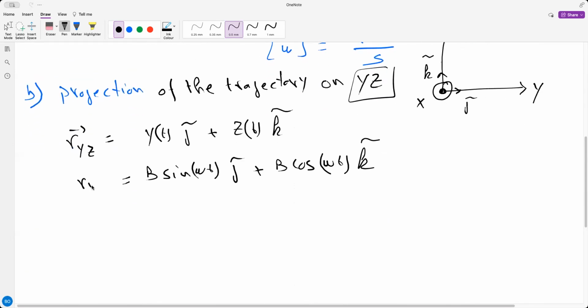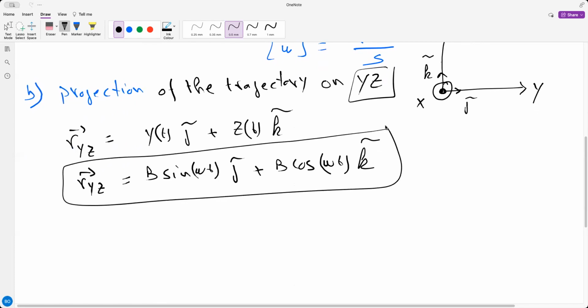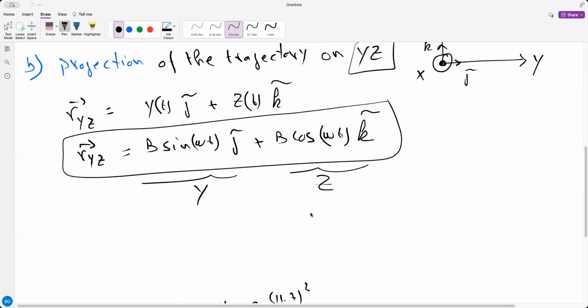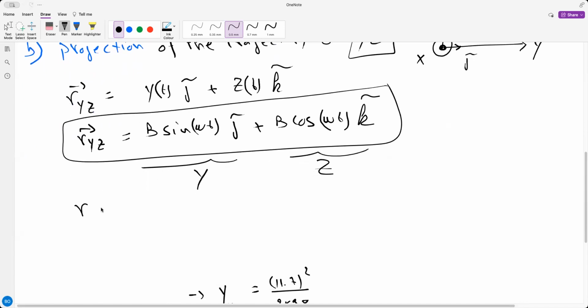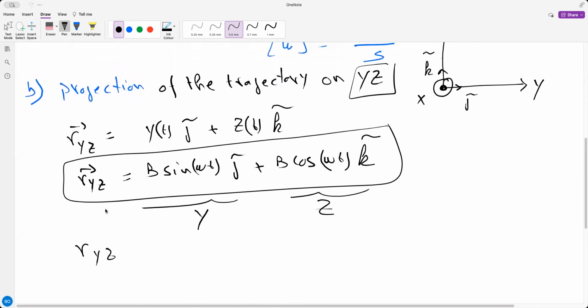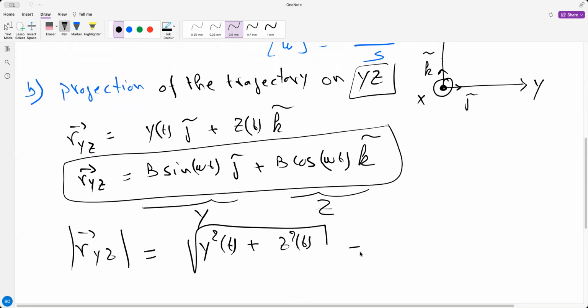So this is the vector projection along the y-axis and the z-axis. Now let's look at the magnitude of this vector. The magnitude is the square root of y squared(t) plus z squared(t), which you can easily see is equal to b, because this is b squared sine squared omega t plus b squared cosine squared omega t.